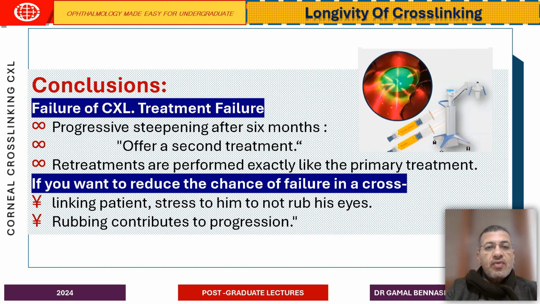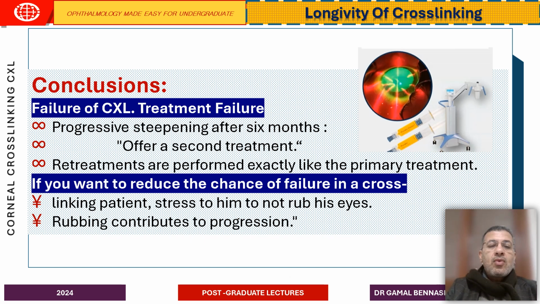So based on the age of the patient, you have to decide to carry out a second cross-linking procedure, or it might get intermingled with the age-related stiffness. If the patient passes 40 years of age, sometimes the age-related stiffness will overcome this problem, and there will be no further progression of the keratoconus because of what's known as physiological age-related cross-linking.